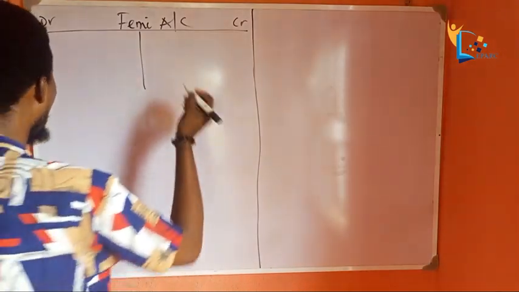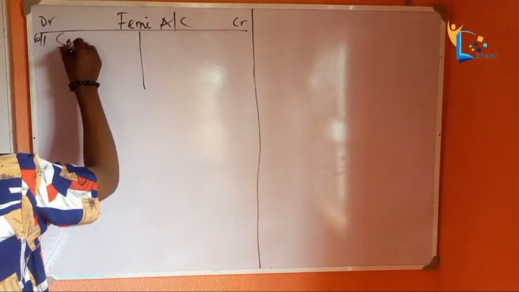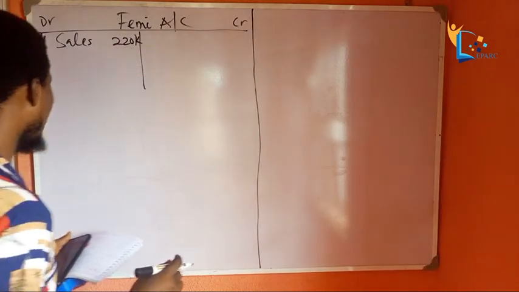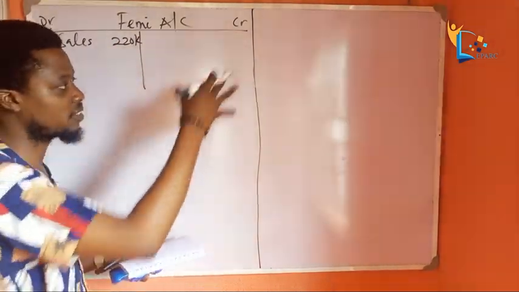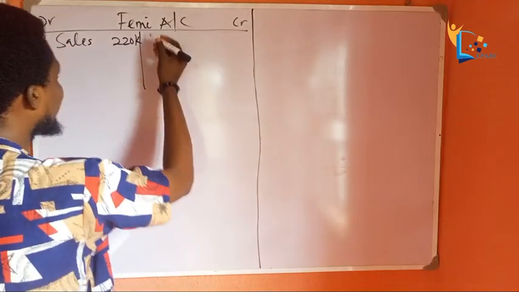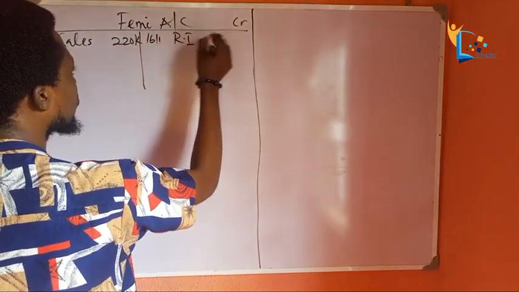Femi's account. On the 6th of January, we sold to Femi 220K. Sorry, I'm going to be using K because of space so that we'll manage our board, okay? All right, then on the 16th of January, return inwards.